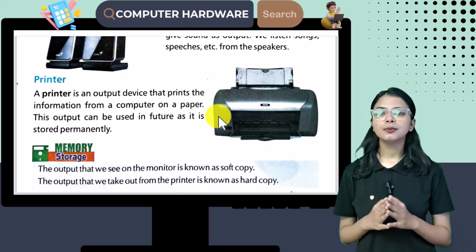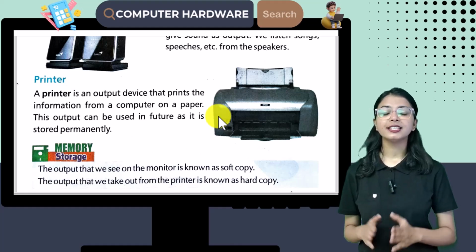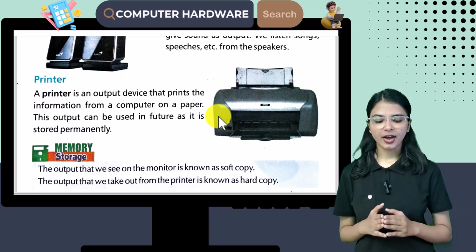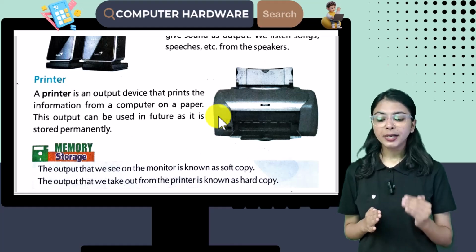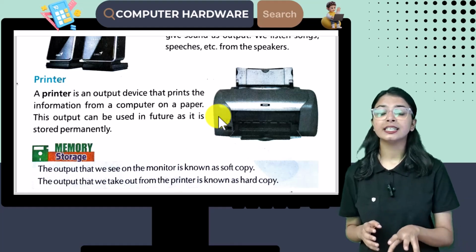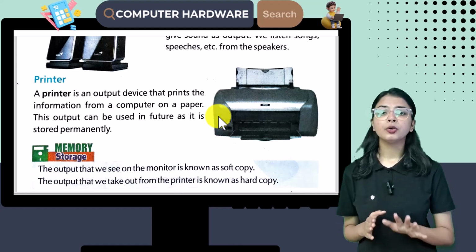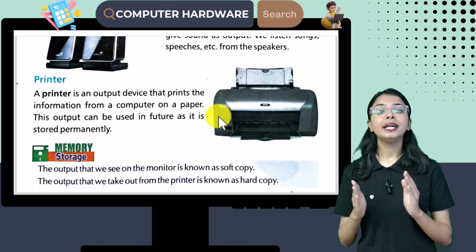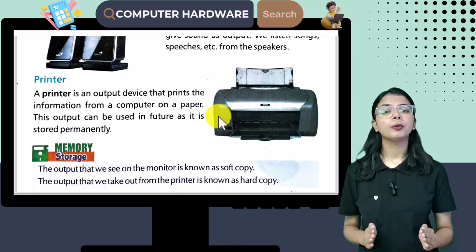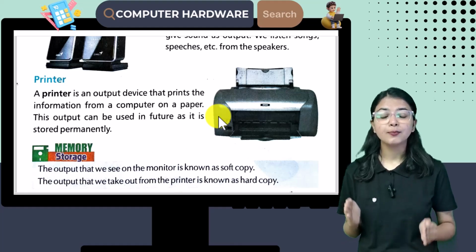Okay, your next output device is the printer. A printer is an output device. जो प्रिंटर है वो एक आउटपुट डिवाइस है that prints the information from a computer on a paper, जो कि इंफॉर्मेशन को प्रिंट करता है कंप्यूटर से पेपर के ऊपर. जब हम कंप्यूटर पर कोई भी डेटा का प्रिंट कमांड देते हैं तो with the help of the printer we get the hard copy of that soft copy on a paper.